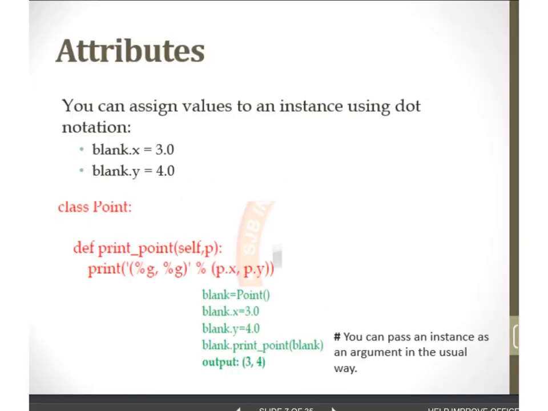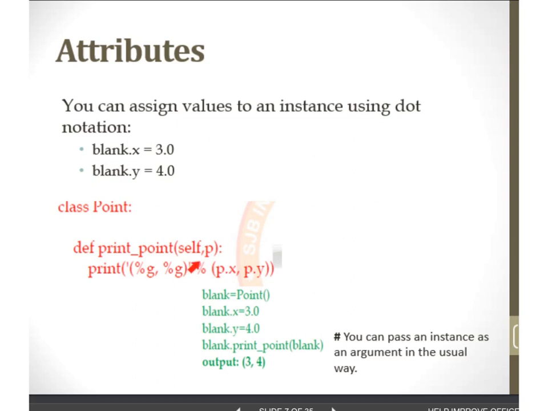So what are attributes? Attributes are nothing but declaring variables and assigning values to the class. For example, you assign a value to an instance using dot notation. blank.x is an instance attribute, blank.y is an instance attribute. Suppose you define a class called Point. Inside this class you have a method, print_point(self, p).